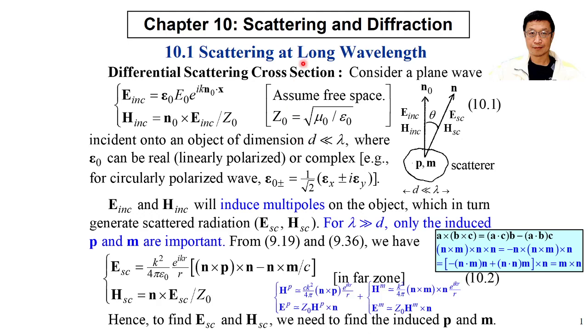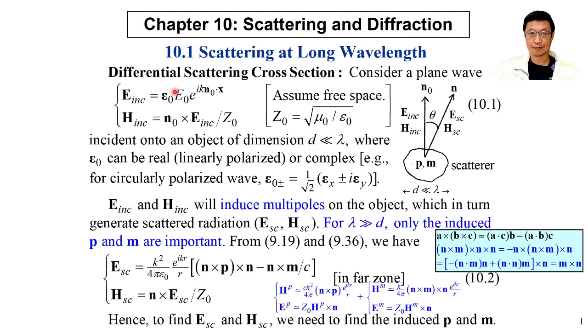How about short wavelengths? Just imagine you have a flashlight and the flashlight shines on you and you will see your shadow. So scattering is not an obvious effect. In that case, scattering is not very clear. So if we want a clear scattering effect, lambda should be greater than the physical dimension.